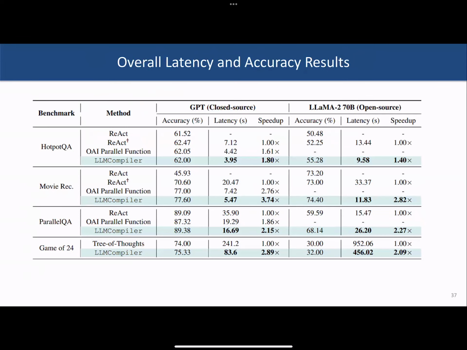So those are the evaluations, and this is the entire table that we have included in our paper. We have tested our method on different benchmarks that have different dependency patterns, as well as some tests that need replanning. Here we are seeing speedup, cost reduction, and sometimes accuracy improvement.